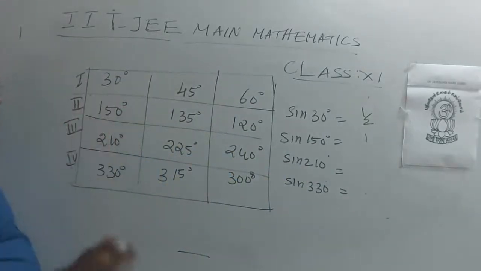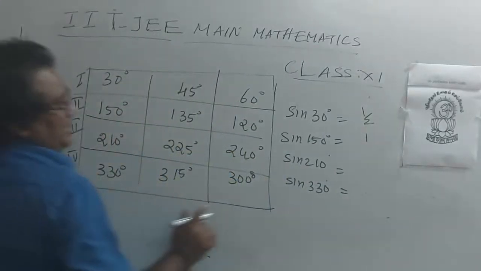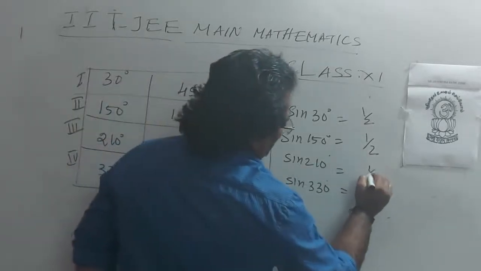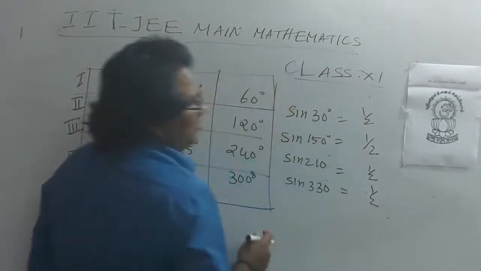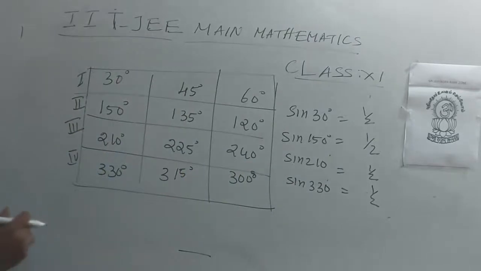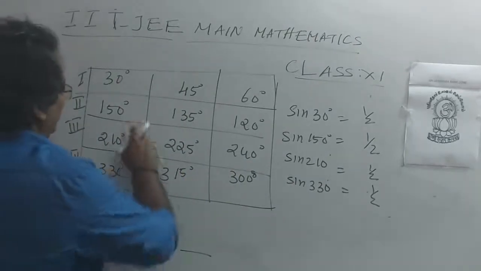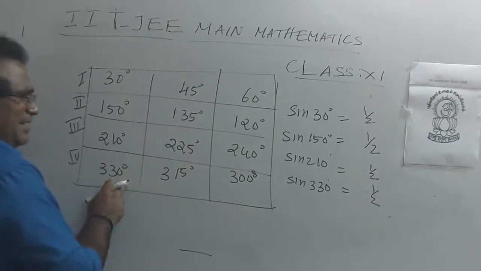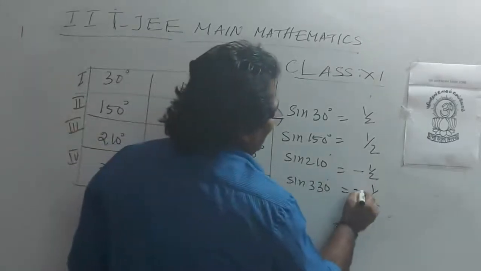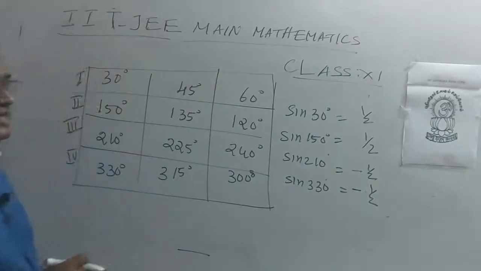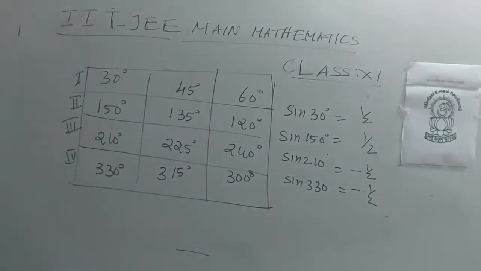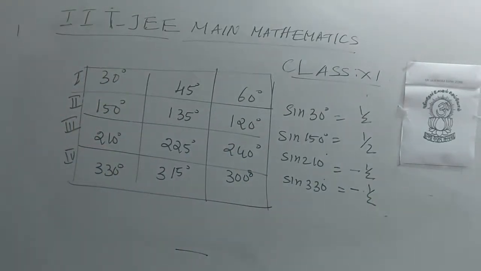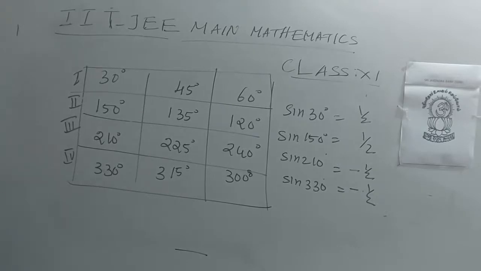The remaining angles also have 1 by 2 numerically, but the sign may be different. First and second quadrant sin will be positive. Third and fourth quadrant sin will be negative. So here minus half, minus half. Numerically equal, the sign will be different in two quadrants. If you remember, you will do the sums easily.